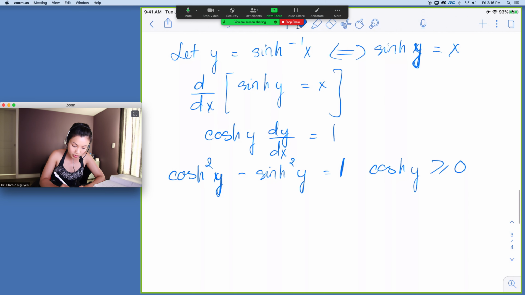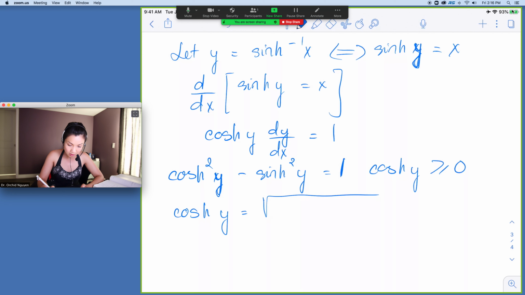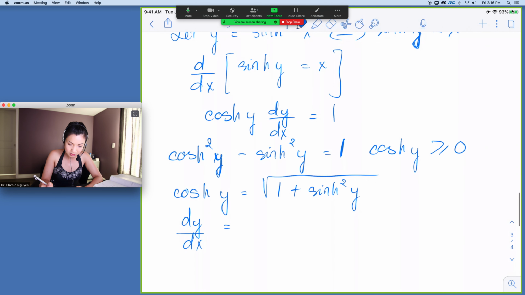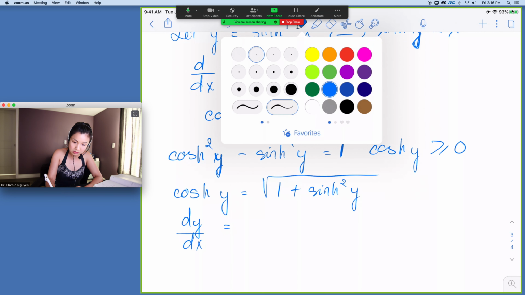All right, so hyperbolic cosine of y is going to be, if I subtract it over and take the square root, the square root of 1 plus hyperbolic sine squared. So what is dy over dx?